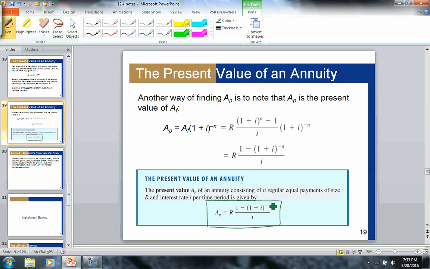And then our N is the number of payments. Okay, so that's going to be negative now because we're trying to come back from the future. So they're giving us a future amount and then we're trying to work backwards to the present amount. So we're kind of going back in time. And then we're going to divide by I.